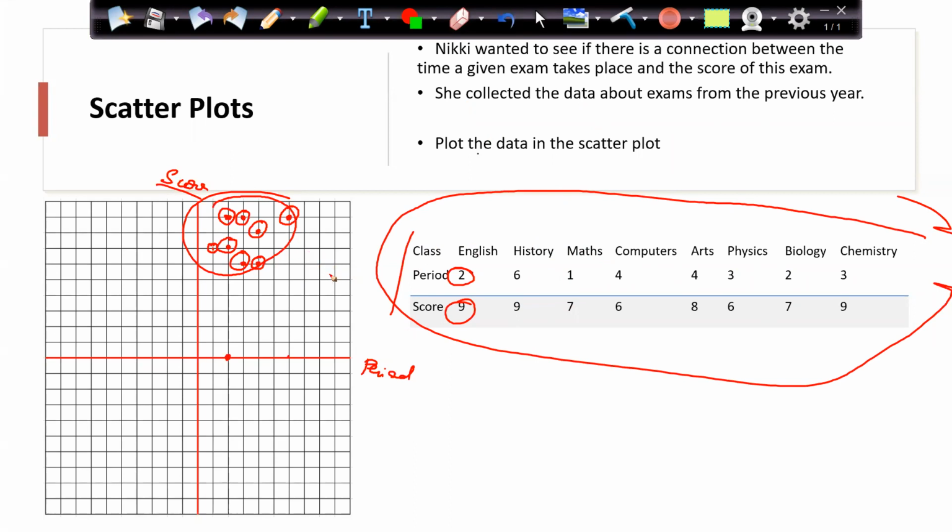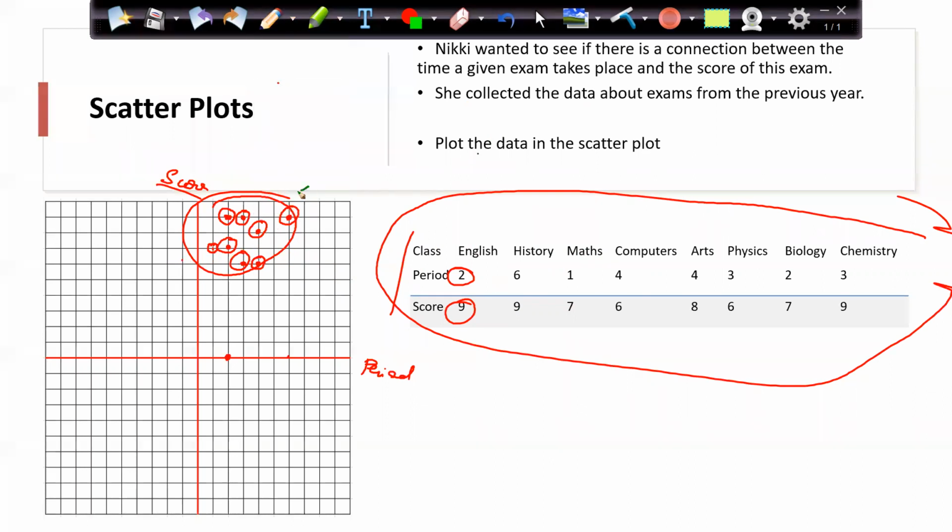What do you think? Will I be able to create a straight line on these points or not? Is a straight line possible or not?